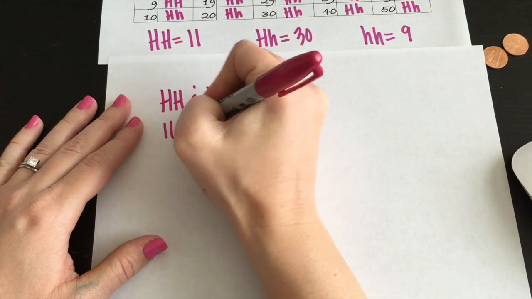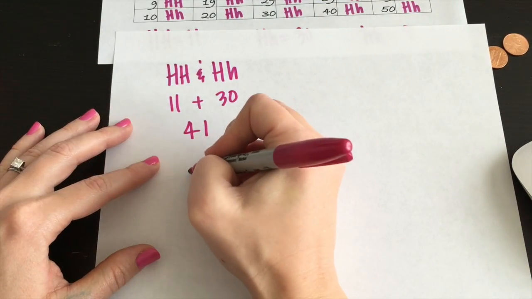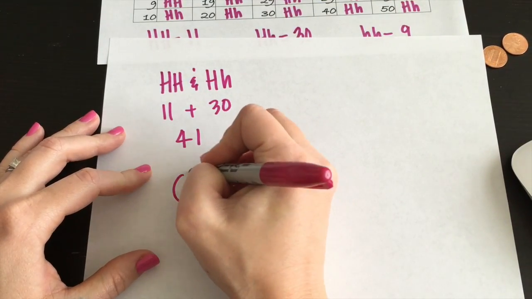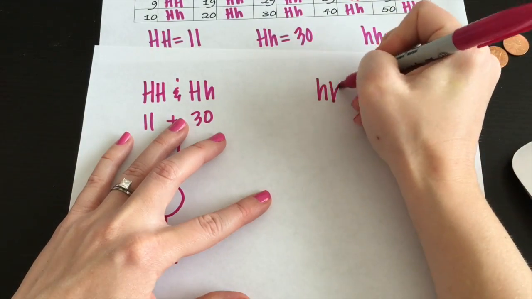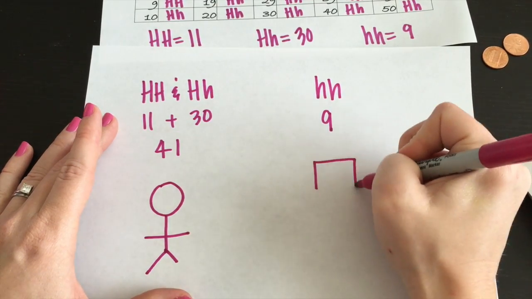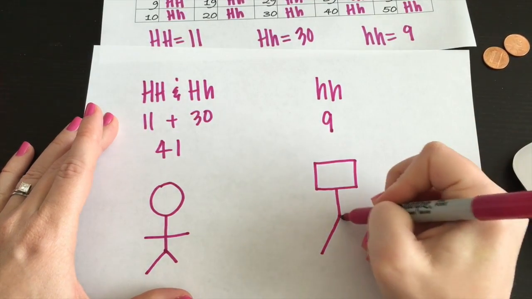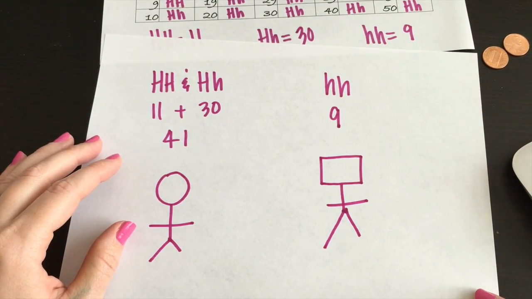So this one's 11 plus 30, so that's 41, right? 41 people would look like this. And 9 people would look like this. Right? That's what we would see.